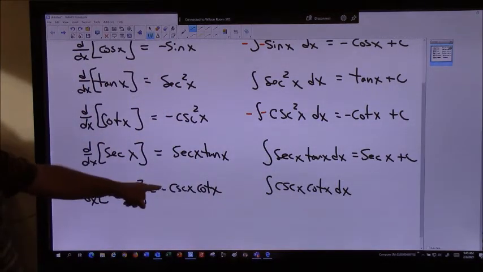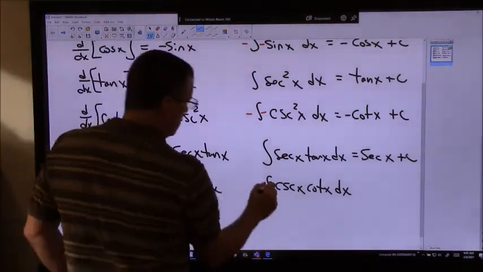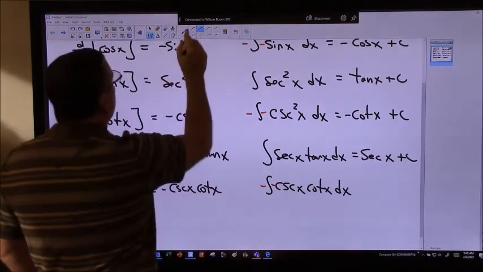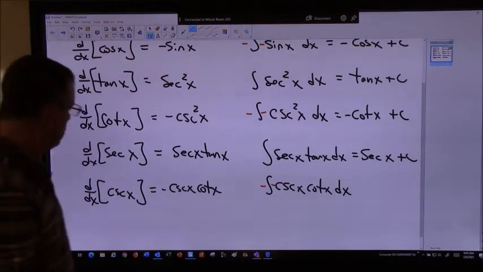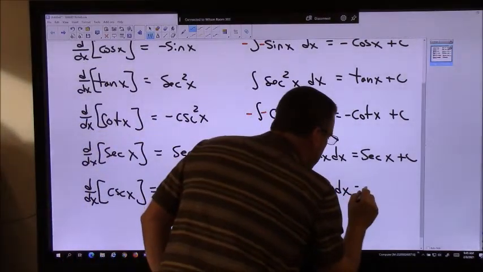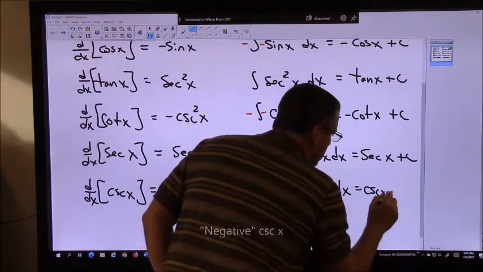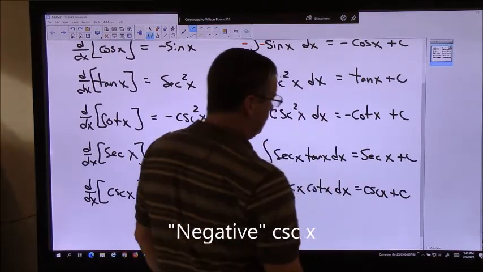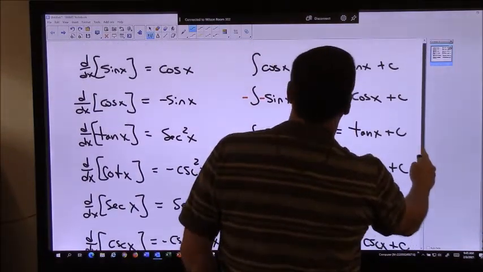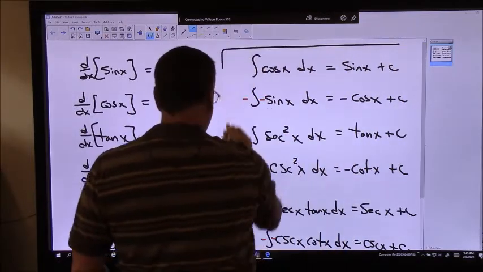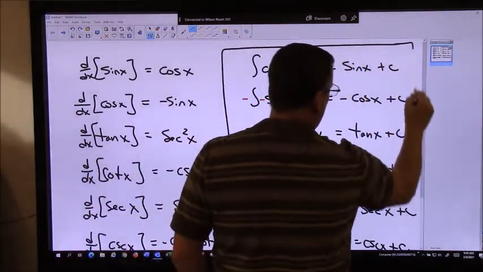Well, again, I need that negative sign there. And so now when I take the integral of this, I come right back to this thing. So this would be cosecant of x plus c. So there's our trig integration formulas.